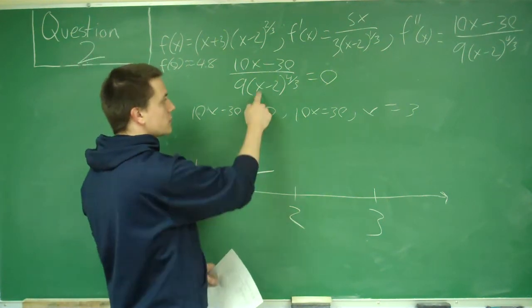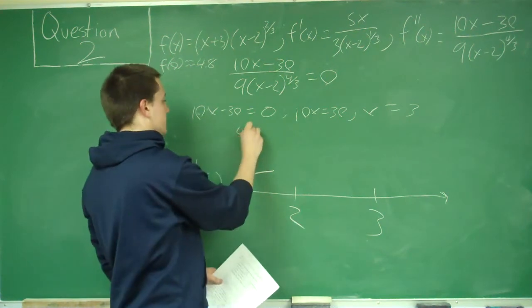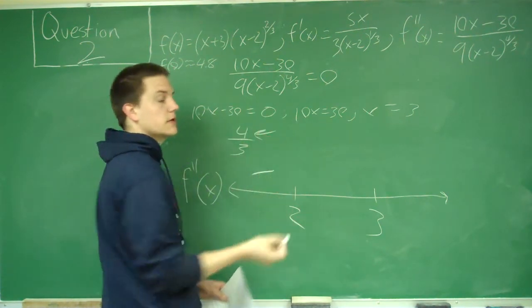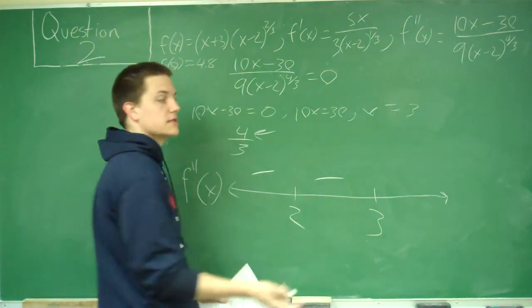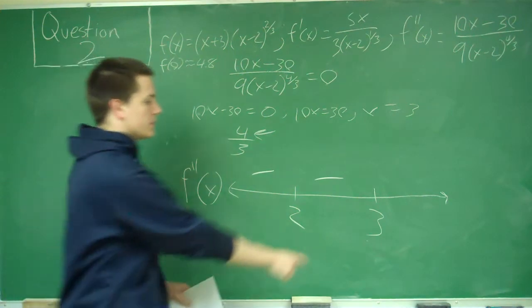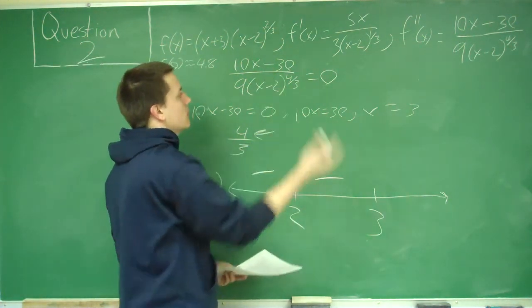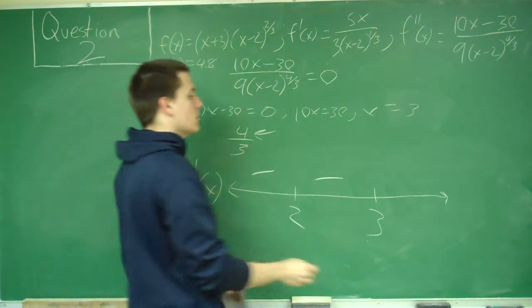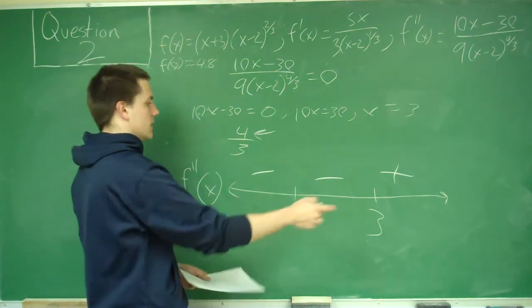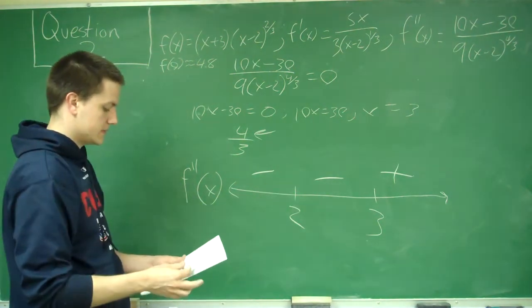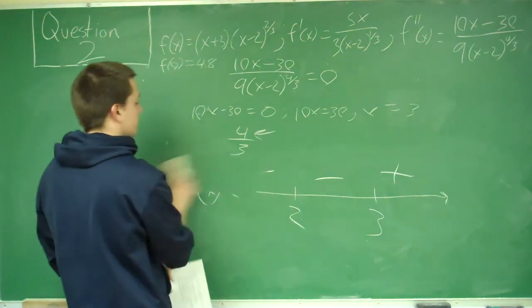At the root 2, which was x minus 2, the exponent is 4/3. So really, you're only going to look at the numerator. Is it even or odd? It's even. So the sign doesn't change at 2. And then we go to 3. We look at that root, which was on top. What's the multiplicity on that root? Well, it's just the 1st power. So the sign does change at 3. So this is going to be our line for f double prime of x. Alright, so that's for part 2.